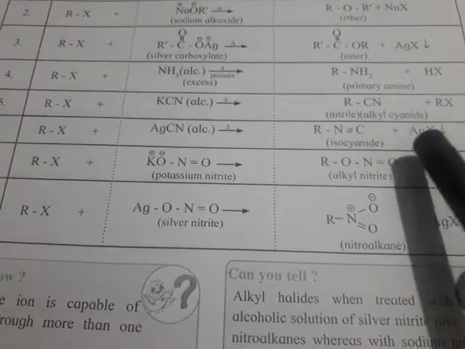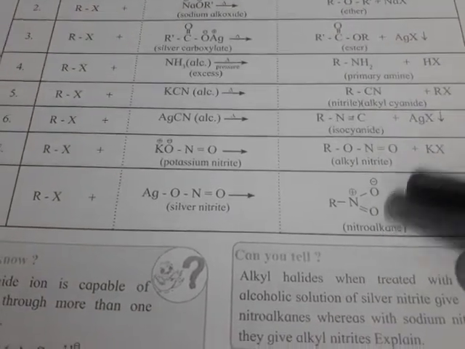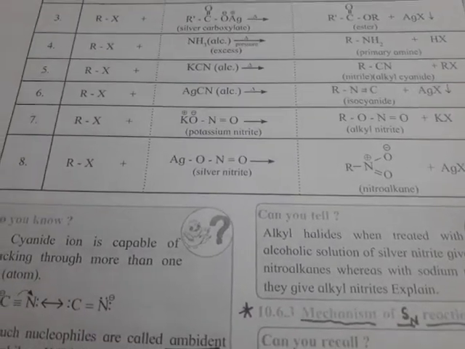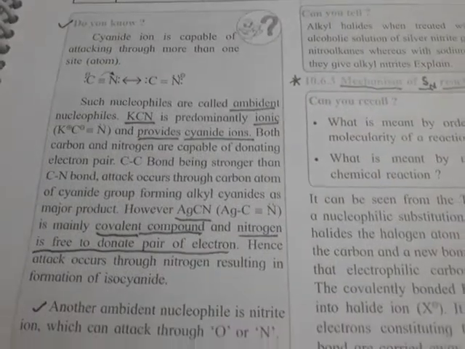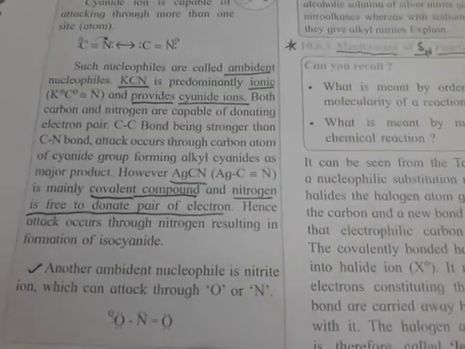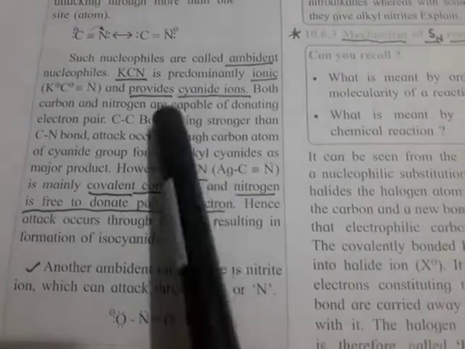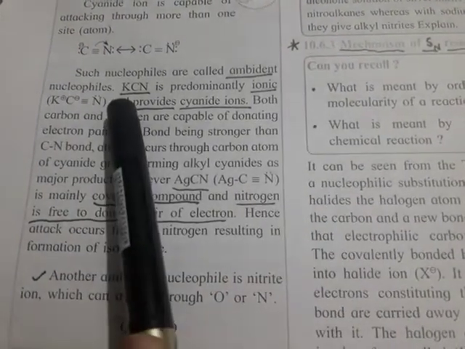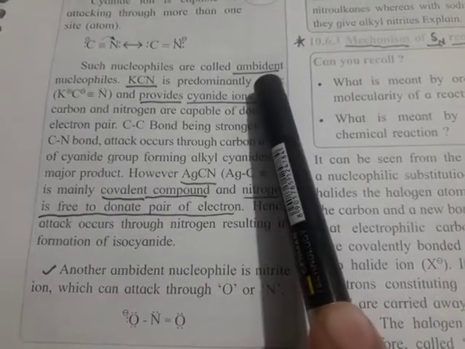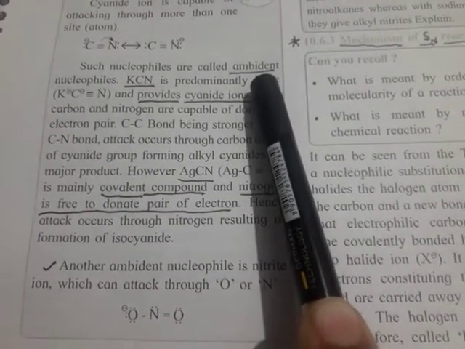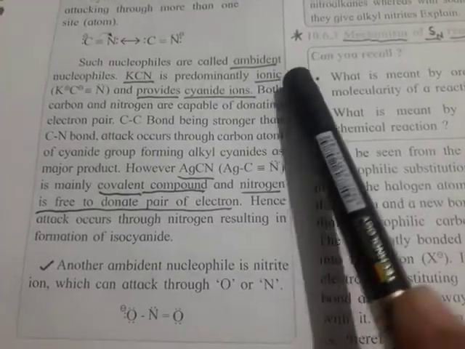In the old video I told you these two new reactions they have added this year in your syllabus, and they have mentioned here that these two, CN minus and NO2 minus, are called ambidentate nucleophiles, like amphoteric substances. Amphoteric means it is acidic as well as basic.